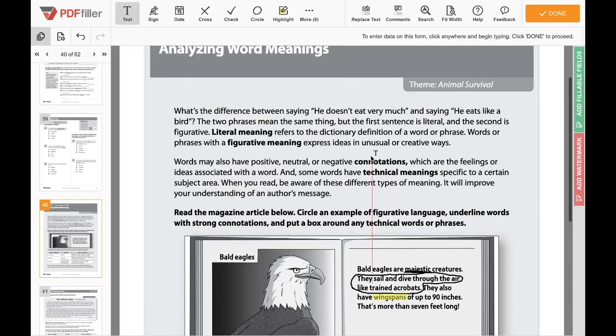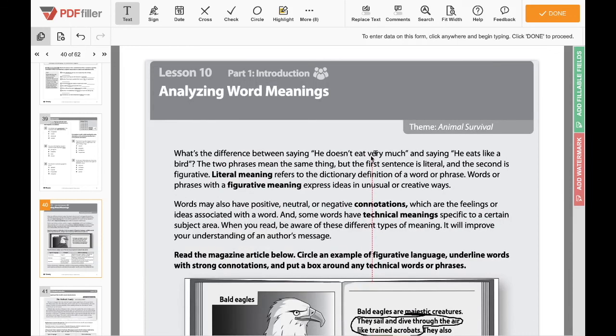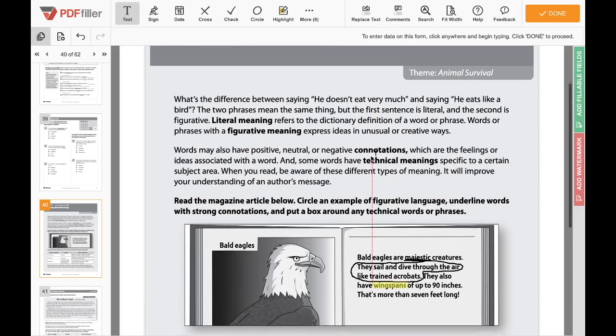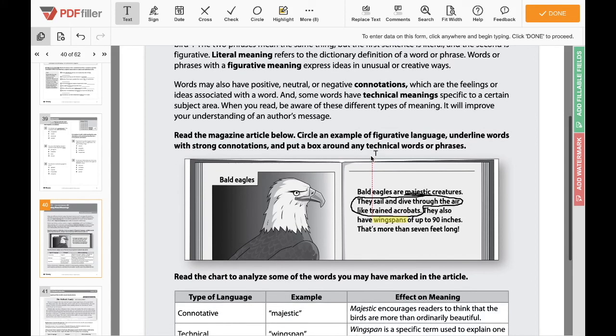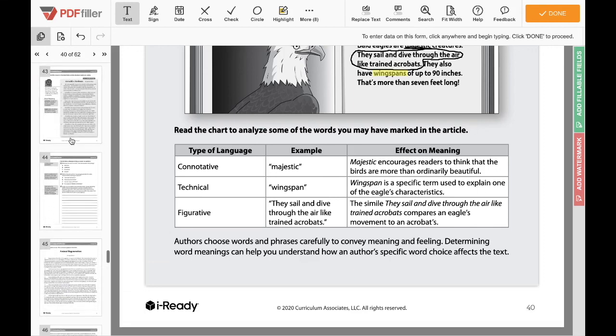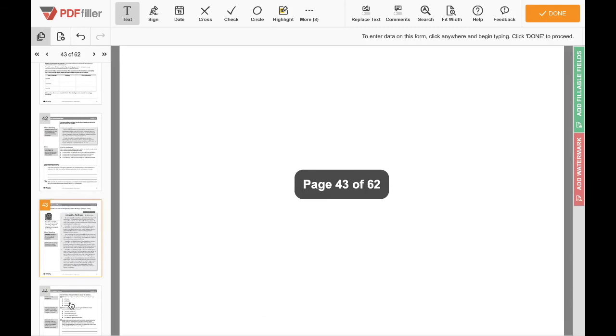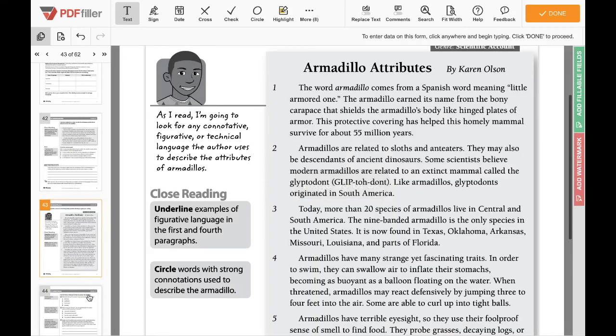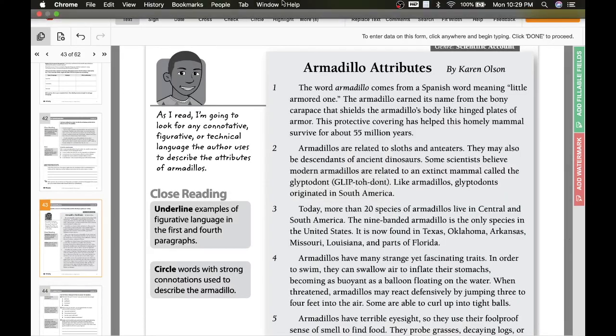So we're looking at the connotative word meanings, which we talked about last week, then the technical and figurative meanings. We don't really need to talk about literal meaning because it's pretty self-explanatory. It's just what the text is actually saying. There's nothing to understand from it. So again, look at page 43 and 44 for your assignment today. And if you need any help, I'll be available in office hours.